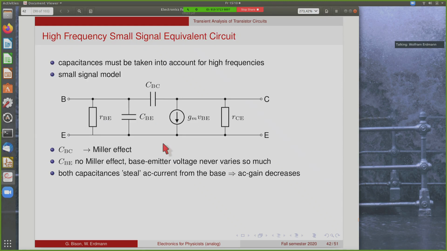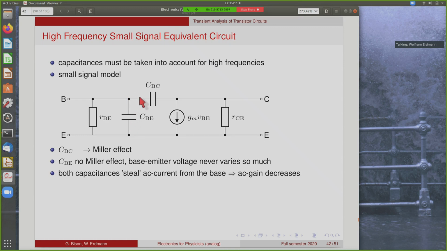So to look at this a bit more quantitatively, we again turn to a small signal equivalent model. So we take the hybrid pi model as from before, where we had these two resistors and the current source, and now we add the capacitance CBC between the base and the collector, and CBE between the base and the emitter.